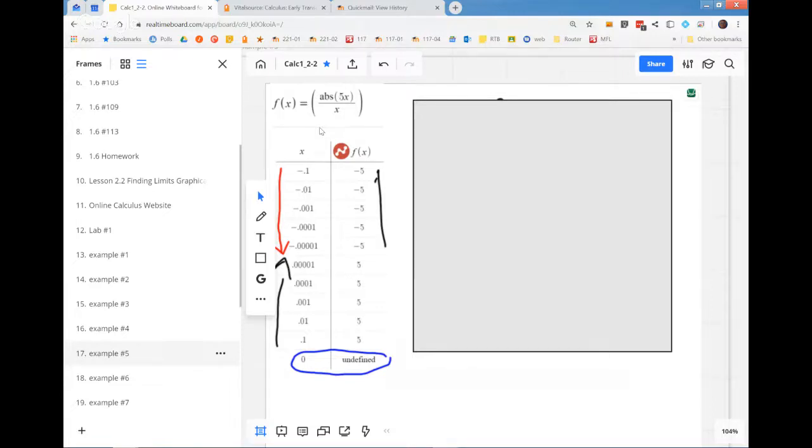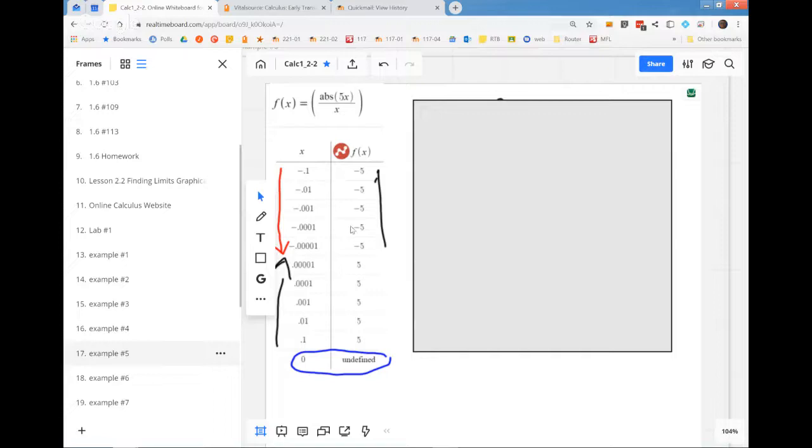Once again, divided by x, you know that x cannot be 0. And if you look, isn't that where the table is headed? Getting smaller and smaller negatively until it gets to 0. And then positively, same thing. Positively, tinier and tinier to 0.